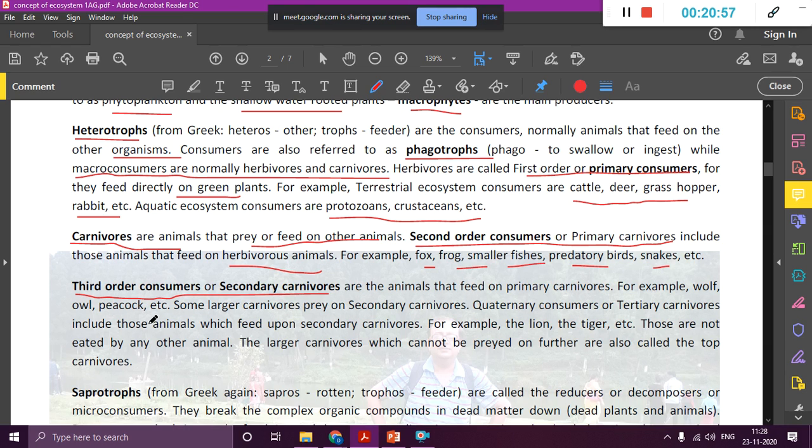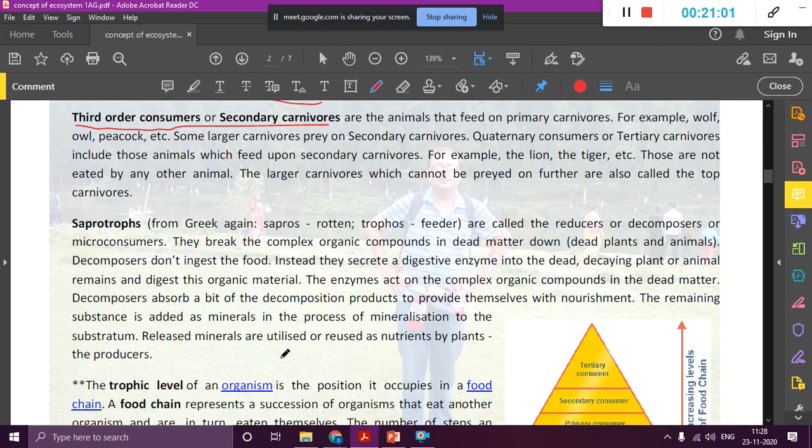Okay, then you have the third or secondary carnivores, which I mentioned right now, and the saprotrophs. If an animal dies, it will start to rot, and there is a terrible breakdown of organic compounds in dead matter. They secrete digestive enzymes, and they will start to rot, and they will start to smell.